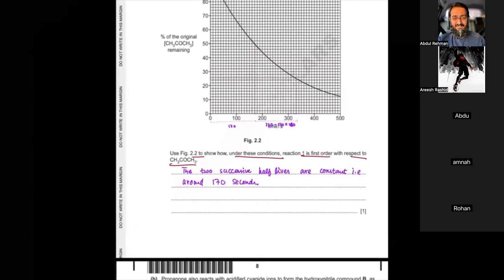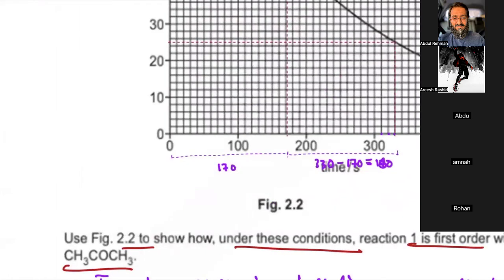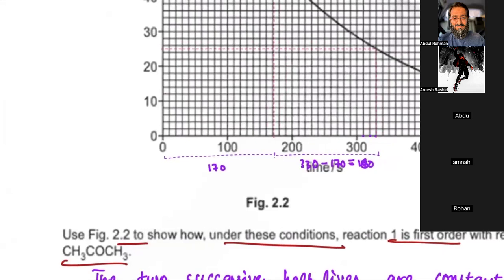No, it's not necessary that it is going to be exactly the same. Plus or minus 5 or 10 seconds is all accepted. If the half-lives are not constant, then there is a significant difference in them. For example, if I go for the third one, it is going to be 12.5, right? So 12.5 is around this.